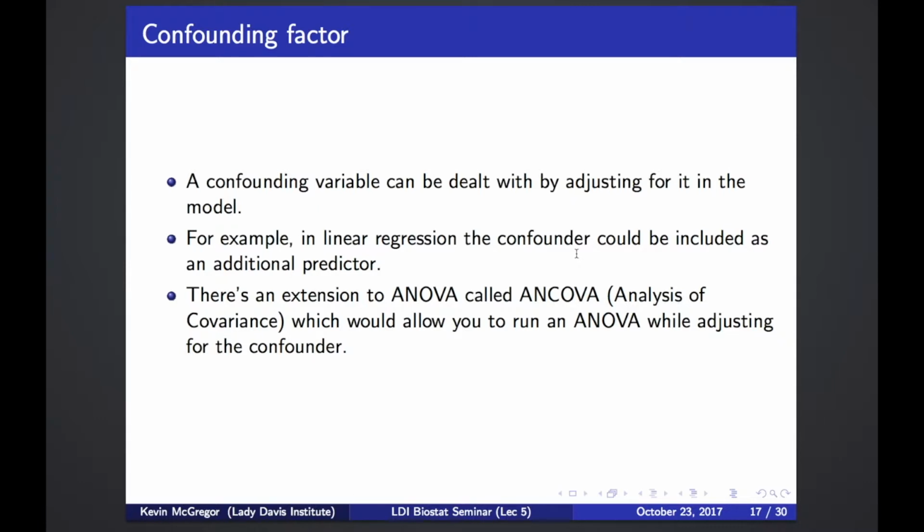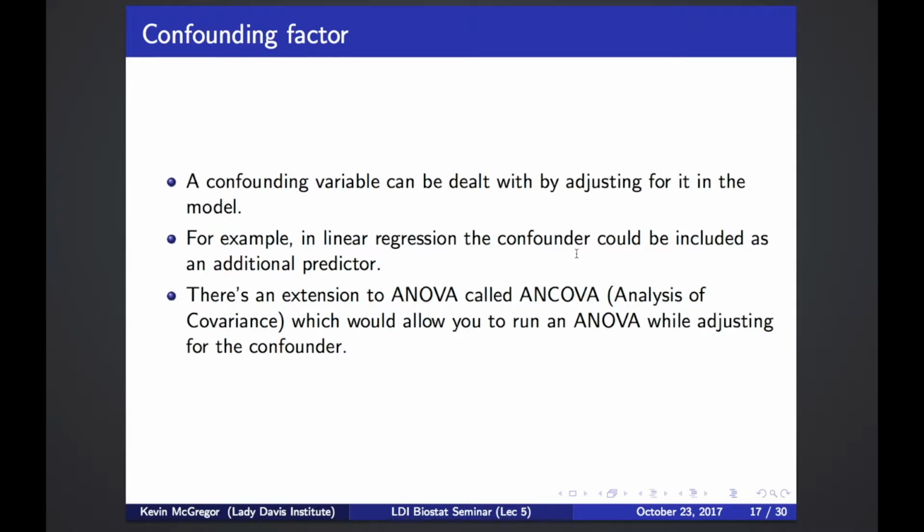The good thing is that dealing with a confounding variable is quite easy. All you have to do is adjust for it in your model. If you're doing linear regression, you could include that confounding variable as an additional predictor in your model.